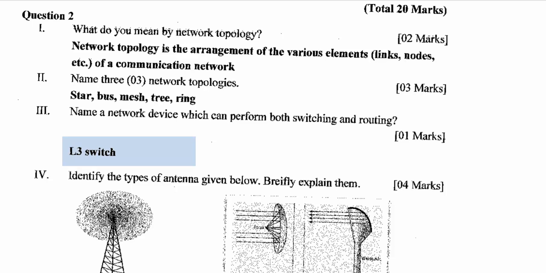Layer 2 means it works on the data link layer, and layer 3 means that is within the network layer. So switching happens in the data link layer and routing happens in the network layer. Layer 2 switches do switching only, and layer 3 switches can do routing as well. Therefore, the answer is layer 3 switch.